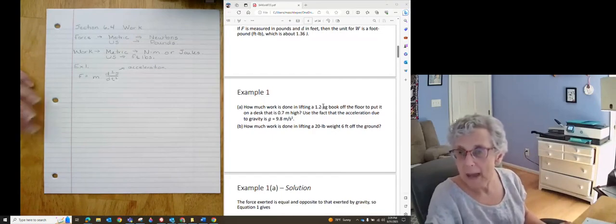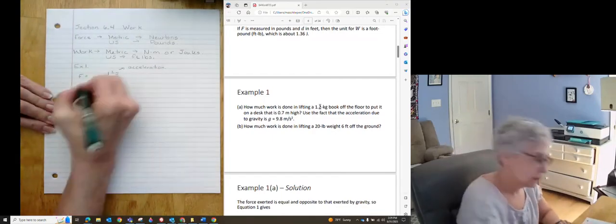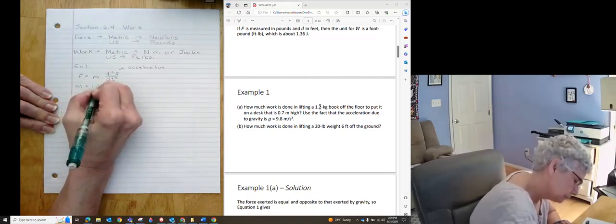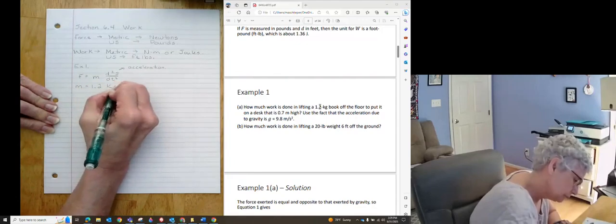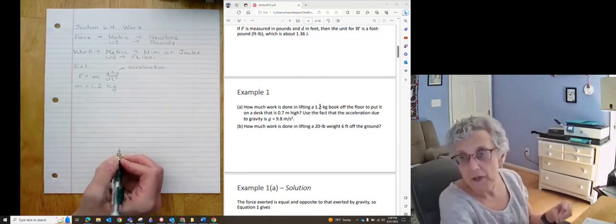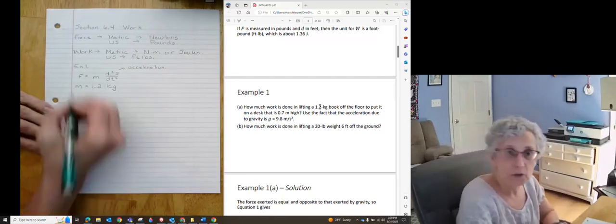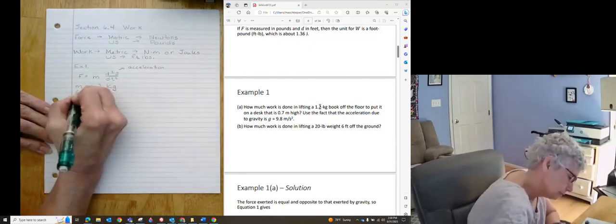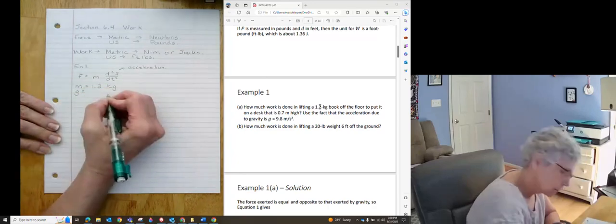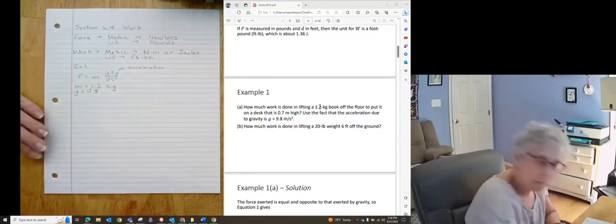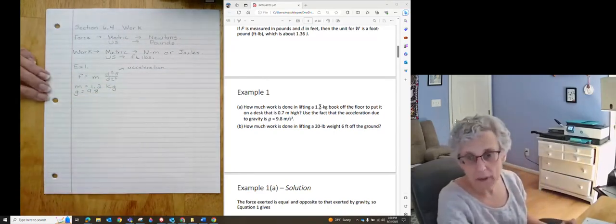Here the mass is equal to 1.2 kilograms. The acceleration is acceleration due to gravity, and I'm going to call it g for gravity. It's 9.8 meters per second squared.